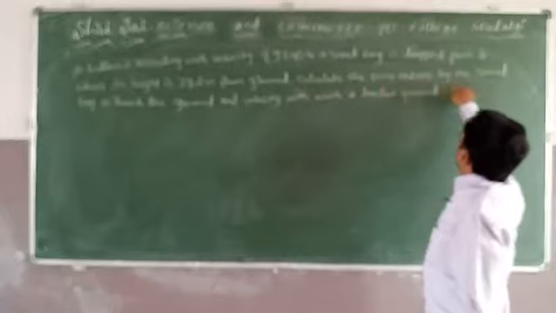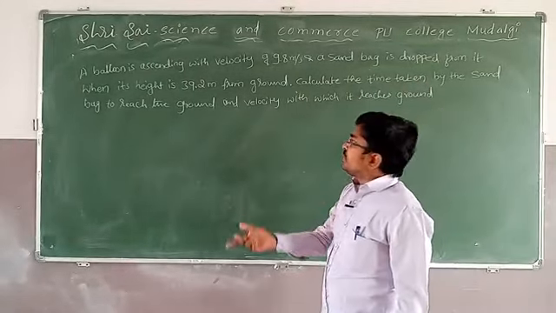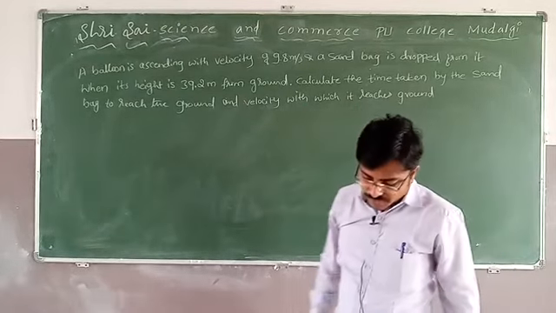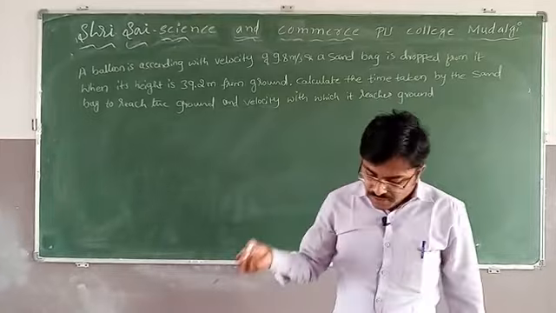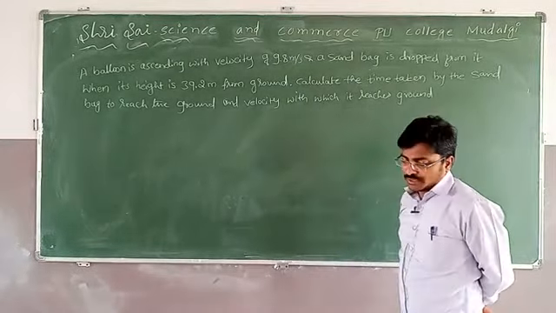Calculate the time taken by the sandbag to reach the ground. That is the first case. Second, the velocity with which it reaches the ground. Both we have to calculate.